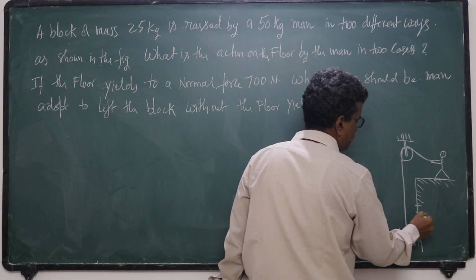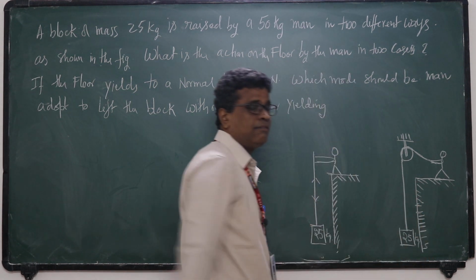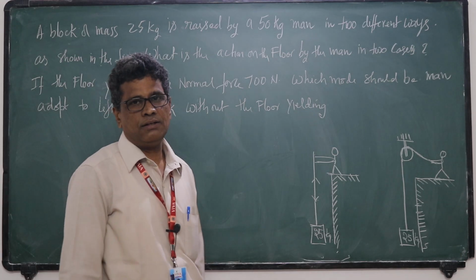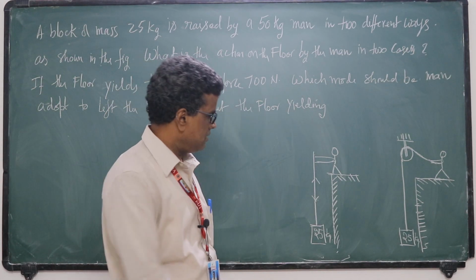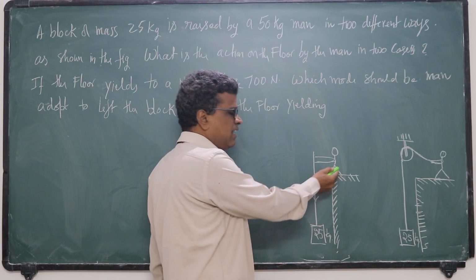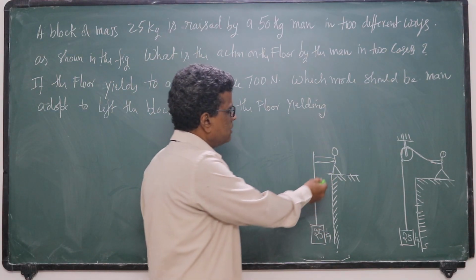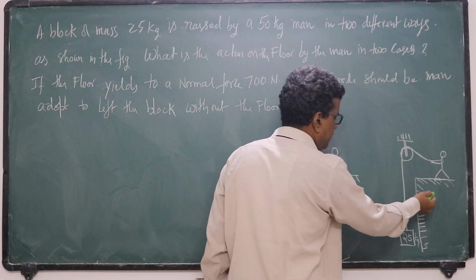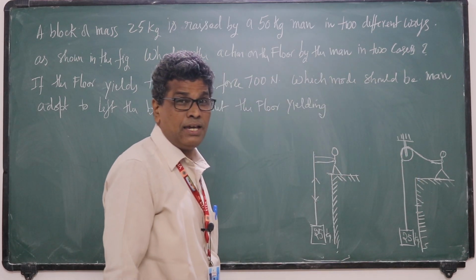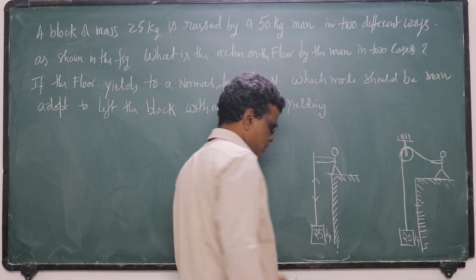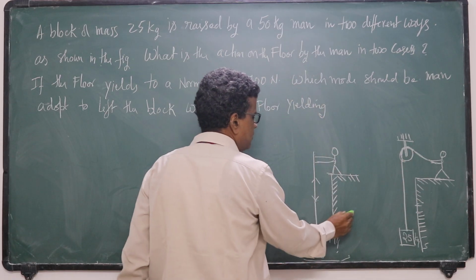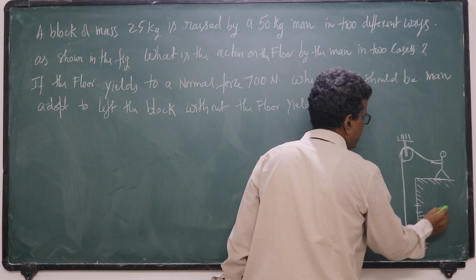Let us assume the man pulls a bucket of water from a well. He pulls the bucket directly by standing on this floor, and in the second case he uses a pulley system. Okay, this is the pulley system. Okay, this is the figure A, this is the figure B.